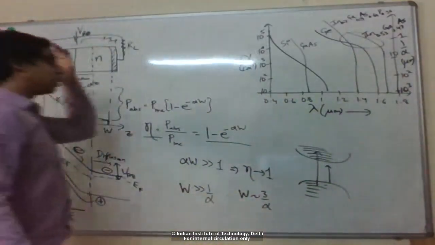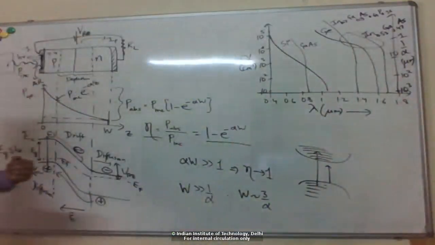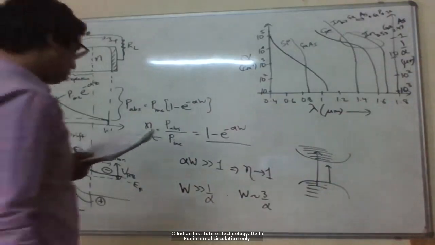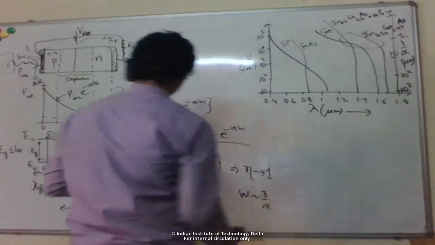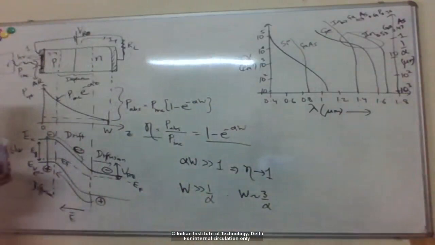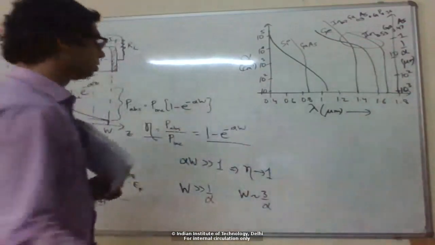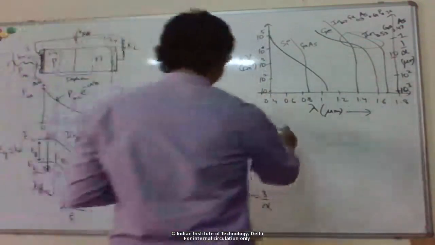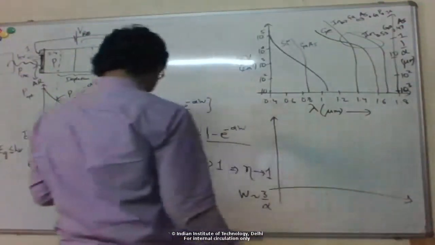Typically, for these InGaAs photodetectors, the width of the device is a few microns, maybe up to 10 microns. For a device of roughly 10 micron thickness, I can achieve this condition and a quantum efficiency of almost 100%. So I can make the detector very thin but also very efficient.